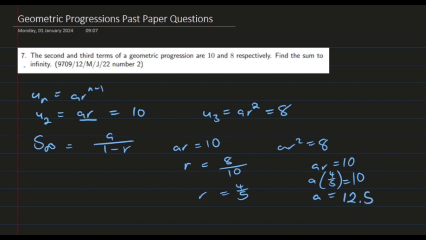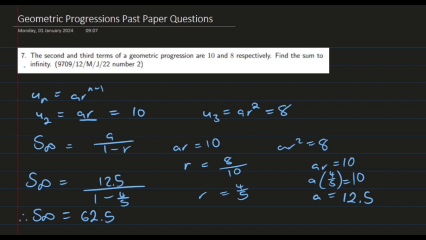Now that we have a and r, we can find our sum to infinity, which is 12.5 over 1 minus 4 over 5. Punch this into the calculator, and this gives us 62.5. So the sum to infinity for this GP is 62.5, and that's our final answer.